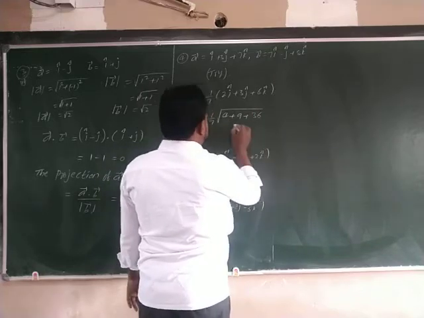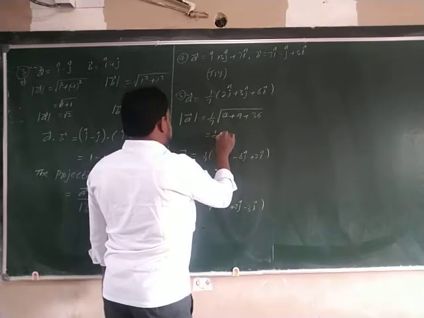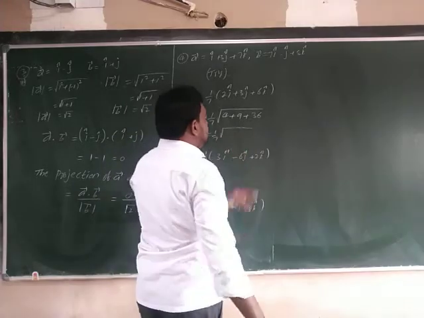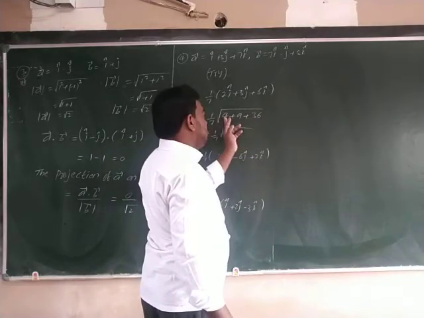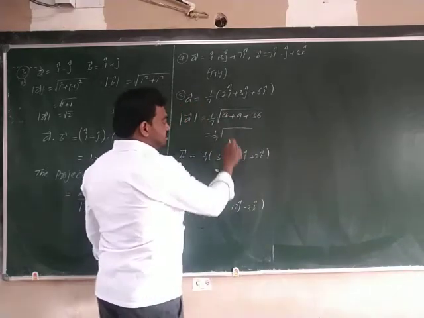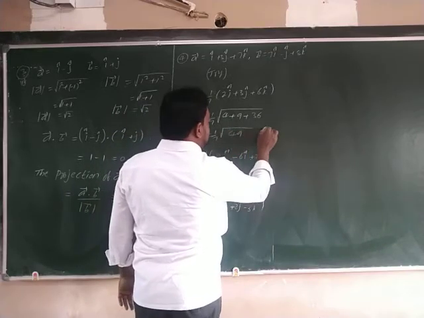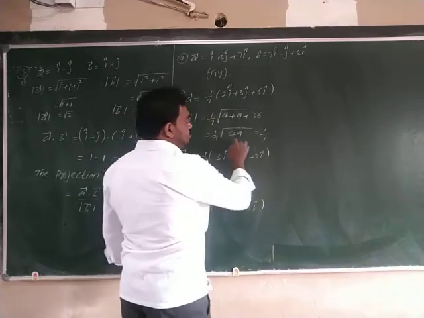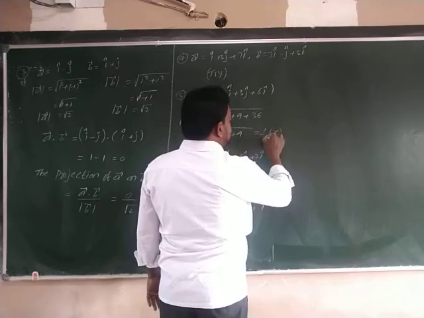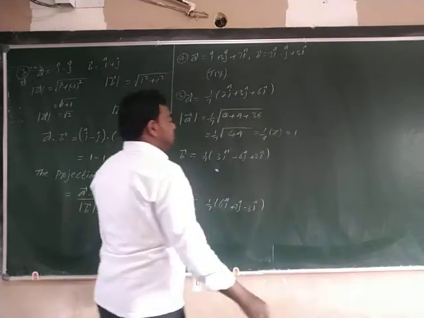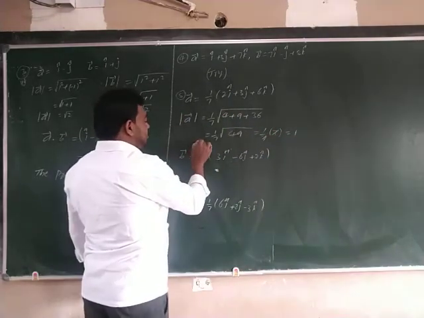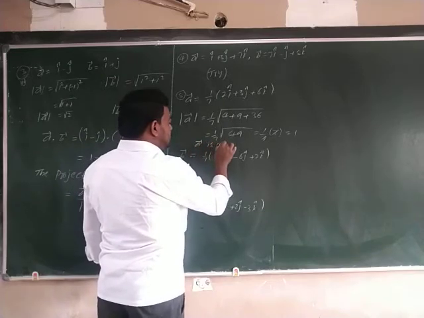So the square root of 36 plus 4 is 40, plus 9 is 49, root 49 is 7. The 7 will cancel, giving 1. Therefore, vector A is a unit vector.